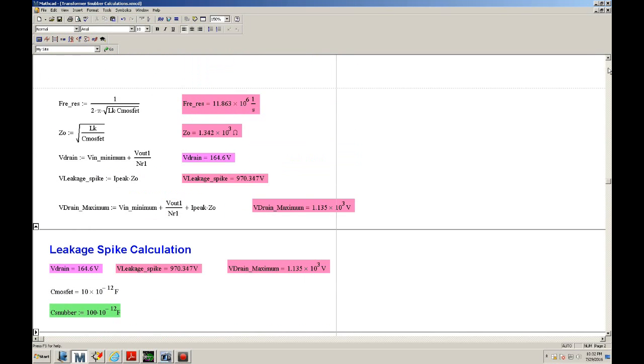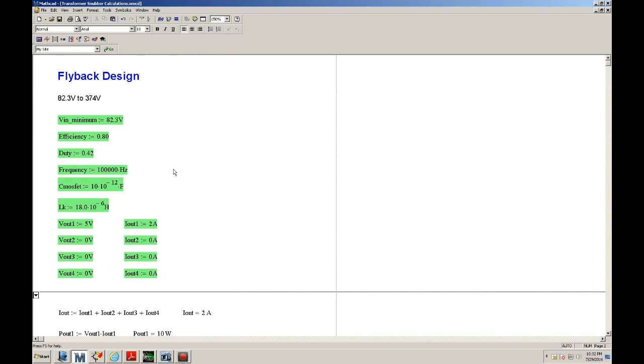Basically, these in green are my specifications. In this case, I have a V input minimum of 82 volts, and I'm going to assume an efficiency of 80%, duty cycle 42, frequency of 100 kilohertz. For this analysis, I'm going to use a CMOS FET of 10 picofarads.